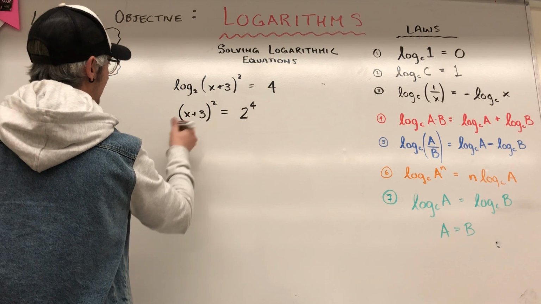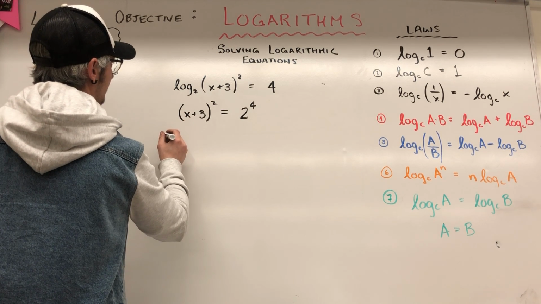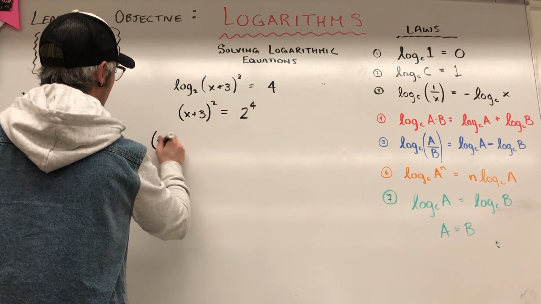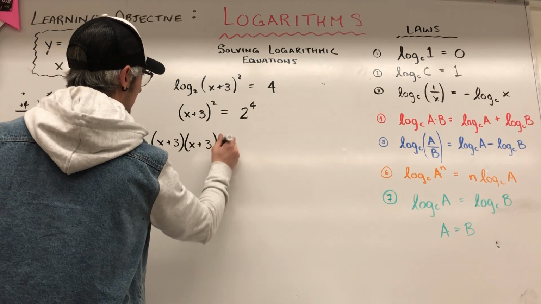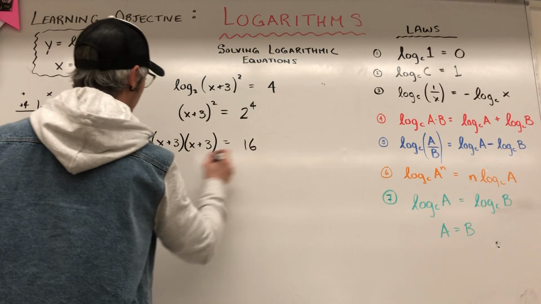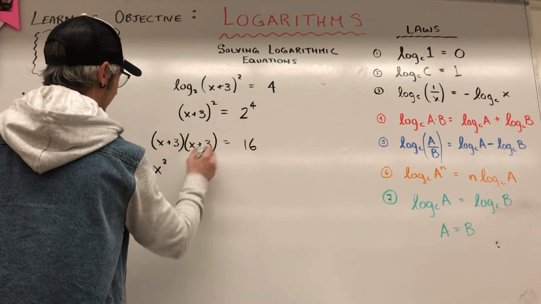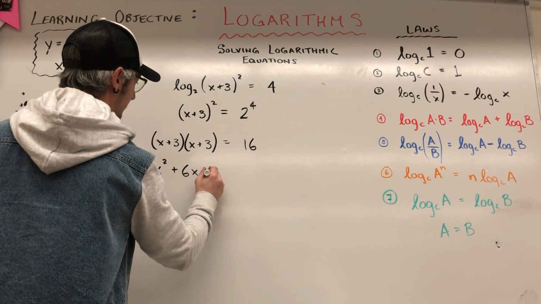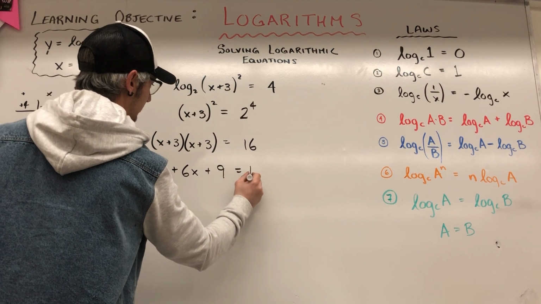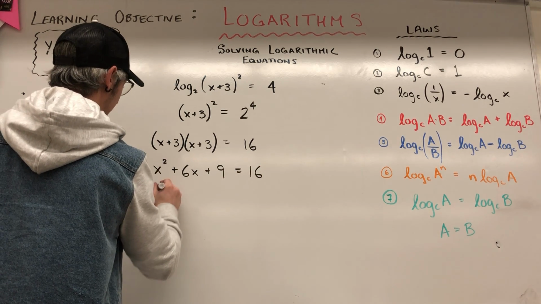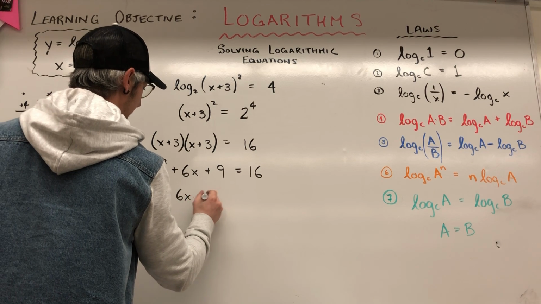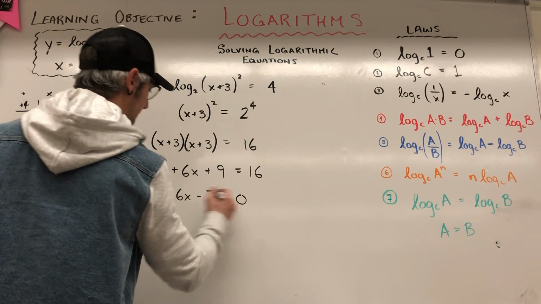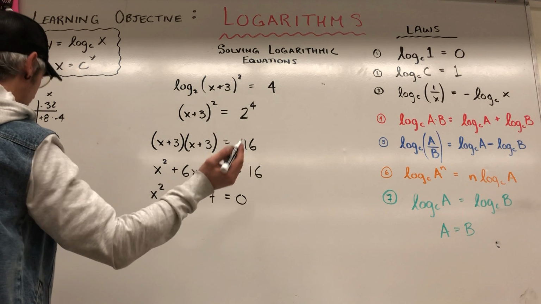So now I'm going to expand this x plus 3. 2 to the 4 is 16. X squared plus 6x plus 9 is equal to 16. X squared plus 6x minus 7 is equal to 0. Now I'm good at this. It's a trinomial.